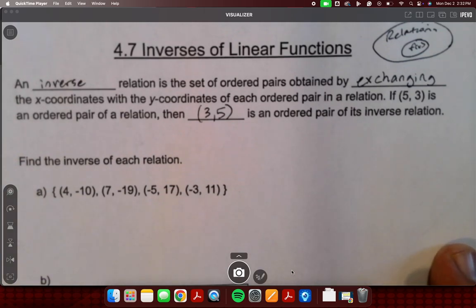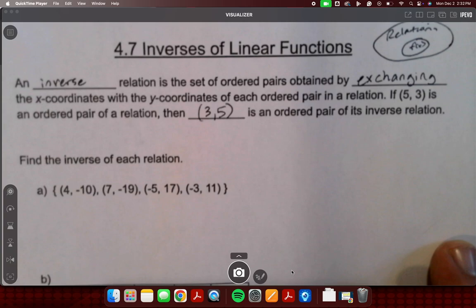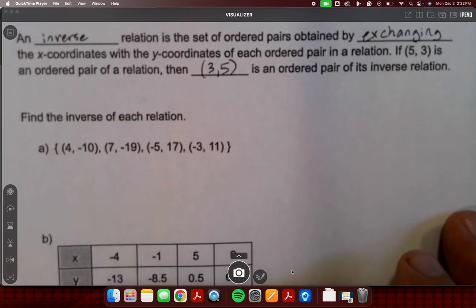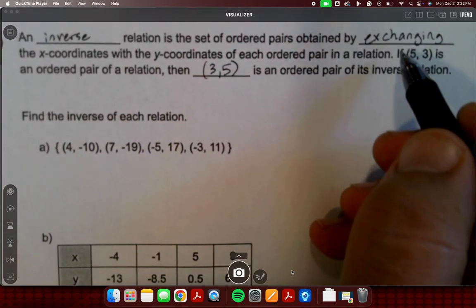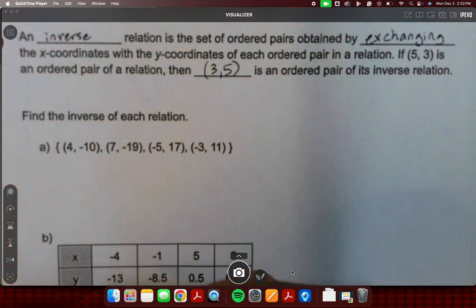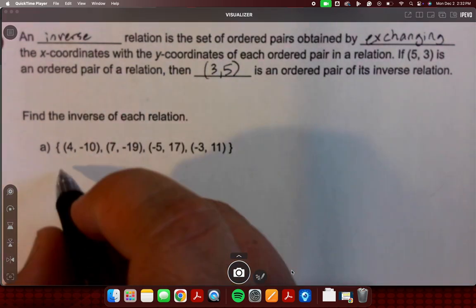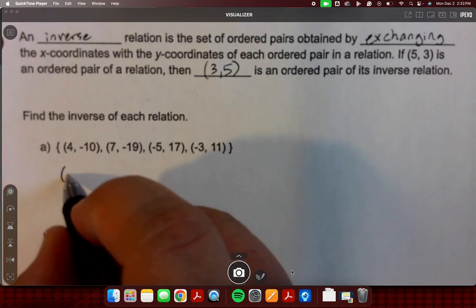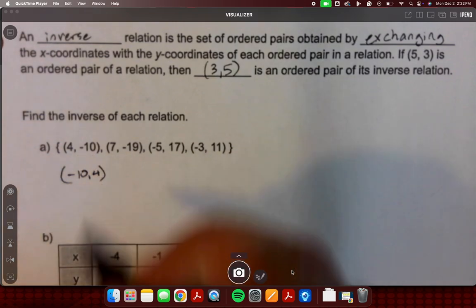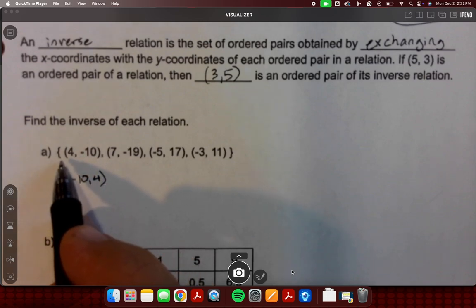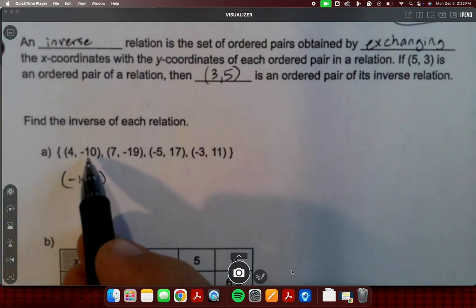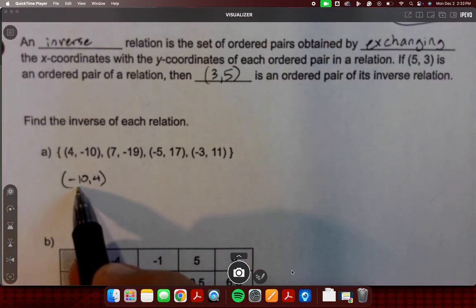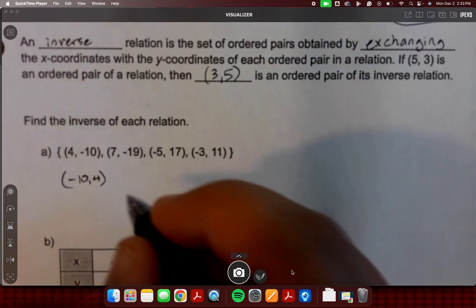So first, find the inverse of each relation. Okay, this is super hard. It says exchanging the x-coordinates with the y-coordinates. Ready for this? So we take these two and we flip them. That's right. You move the negative 10 to first and the 4 second. We're changing the y to an x value and the x to a y value.